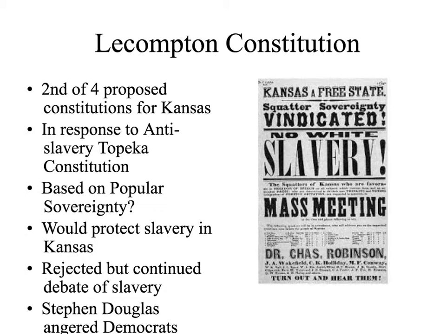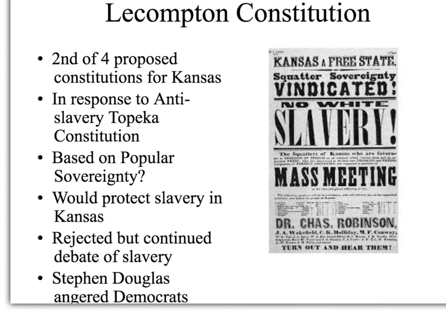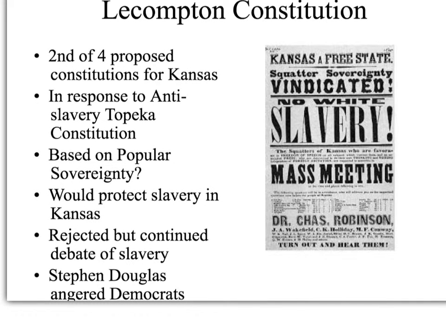The pro-slavery forces said that their constitution, the Lecompton Constitution, was based on popular sovereignty. Basically what they said was that the Lecompton Constitution was popular sovereignty because it was going to allow the people of Kansas to choose. But here's what the Constitution said. If the people of Kansas voted for Kansas to be a pro-slavery state, then that's what it would be, a pro-slavery state based on popular sovereignty.